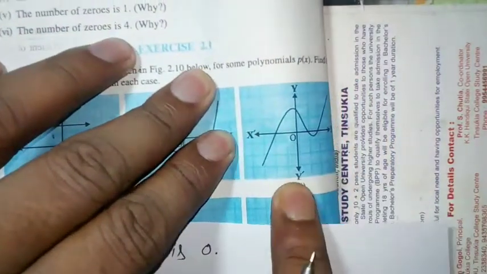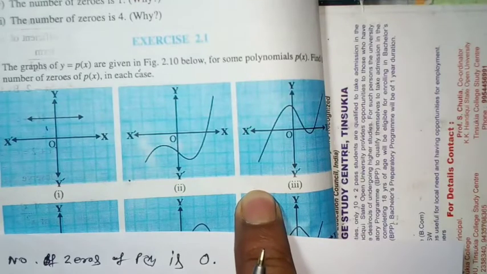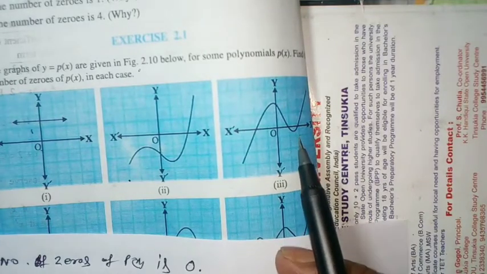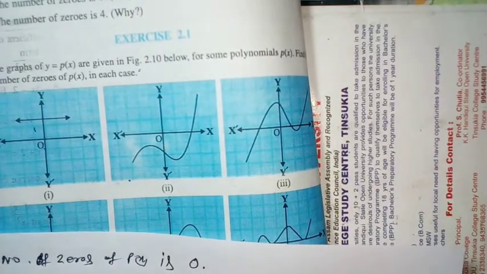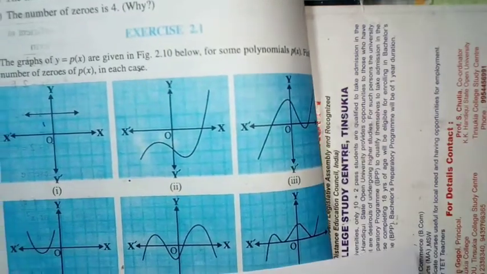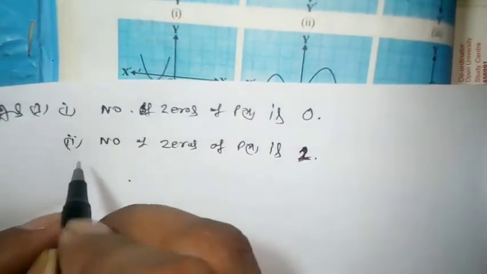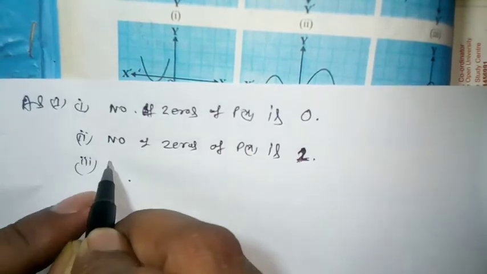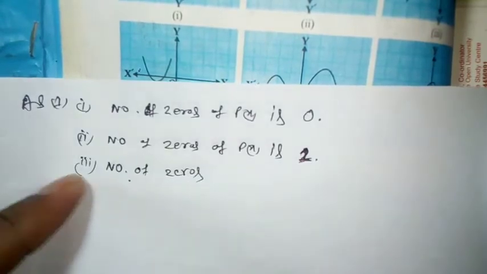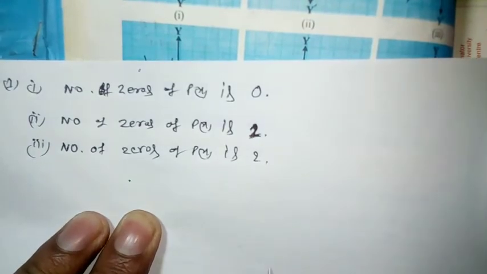In question number 3, in the given graph, the number of zeros of p(x) is 3, because the graph intersects the x-axis at 3 points. So you write 3: number of zeros of p(x) is 3.